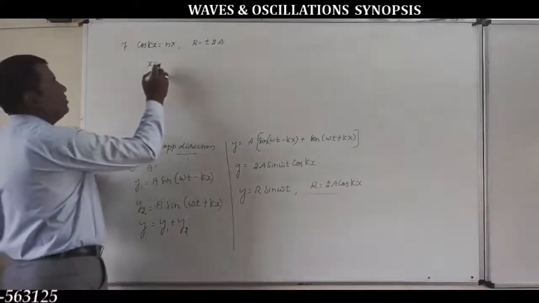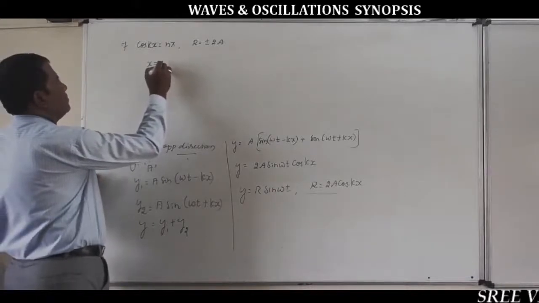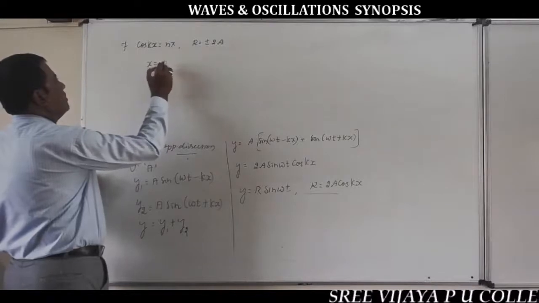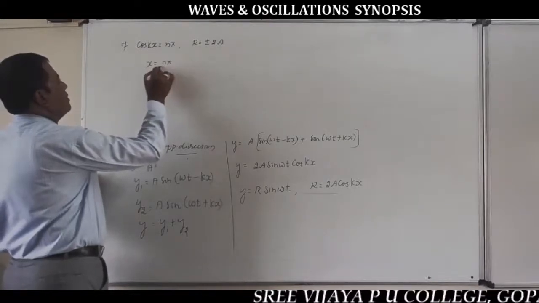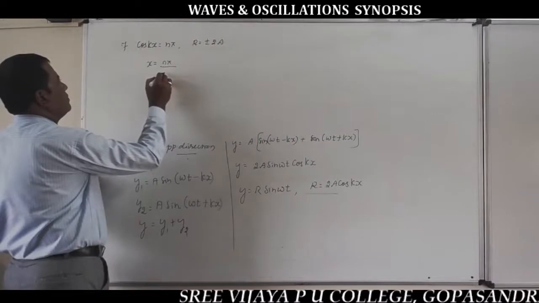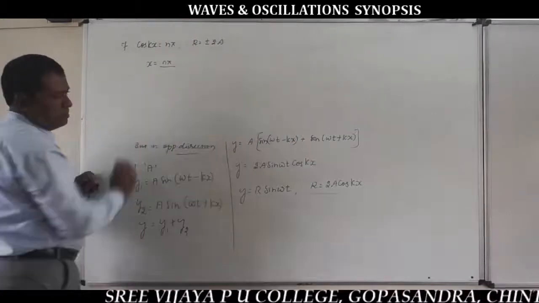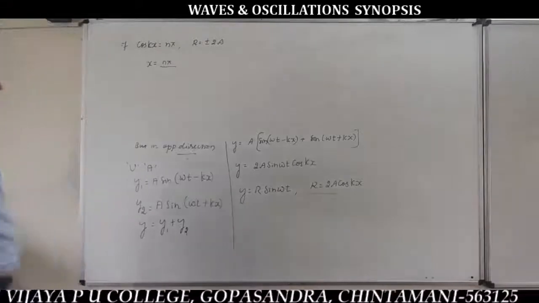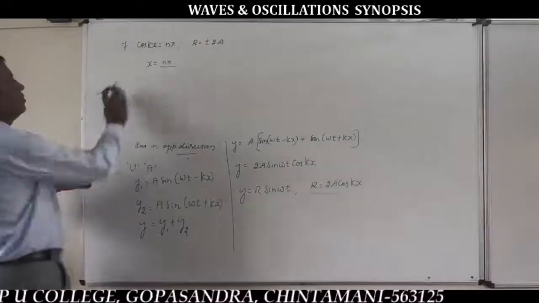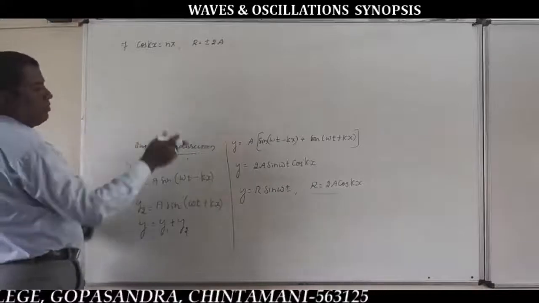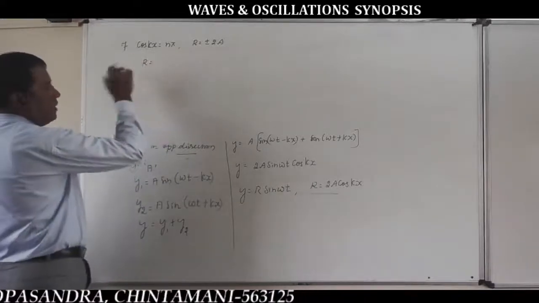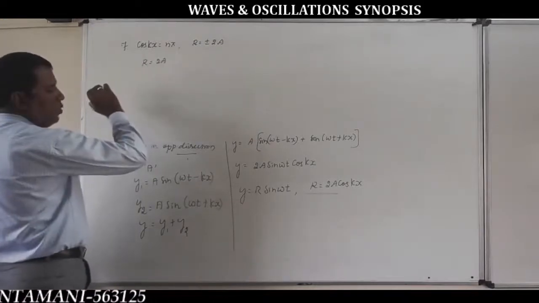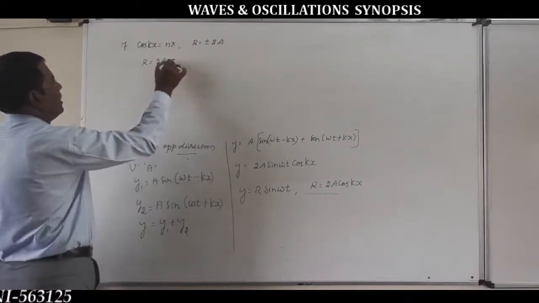If you consider that relation, you get R is equal to 2a, n into pi.